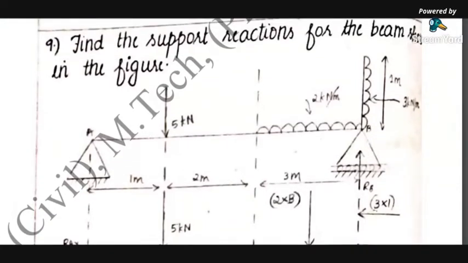So let me just draw and show you the point load diagram of the problem. At A, you have a hinged support, and at B, you have a roller support. You have a 5 kilonewton load, and you have a UDL.